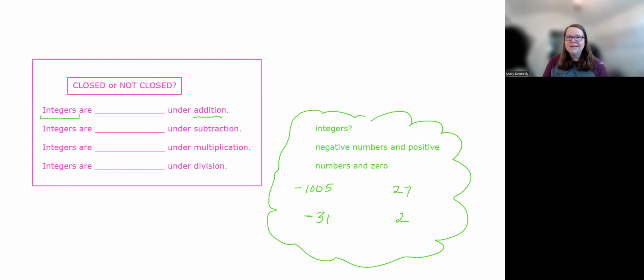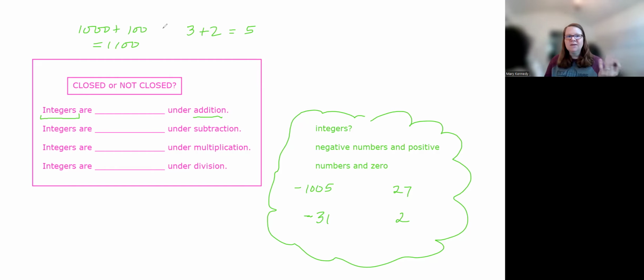let's just think about addition, like 3 plus 2. Those are integers. The question is, do we get an integer for an answer? Well, we get 5. 5 is an integer. It's a positive, plain old number, right? 1,000 plus 100 equals 1,100. We started with integers and we ended with an integer.